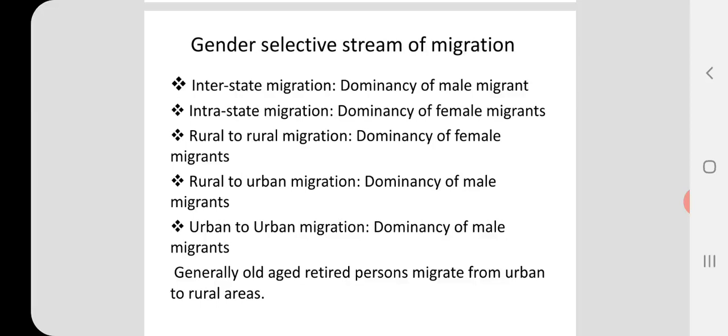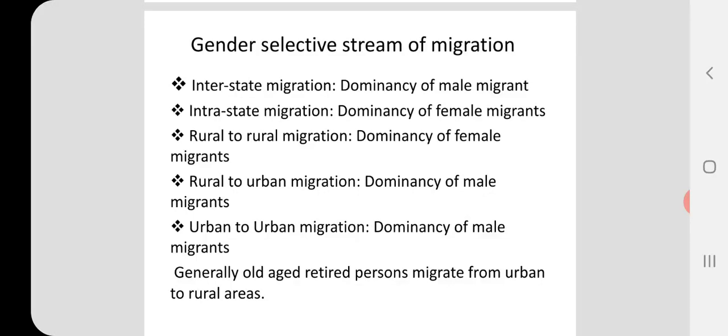It is mainly dominated by male migrants. Why? Interstate migration is mainly in search of employment, in search of jobs. So, male migrants migrate interstate in search of employment or jobs.